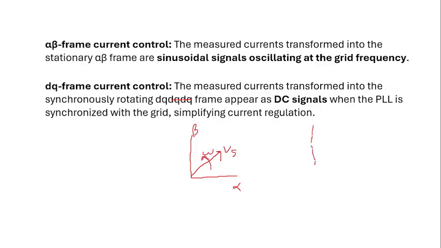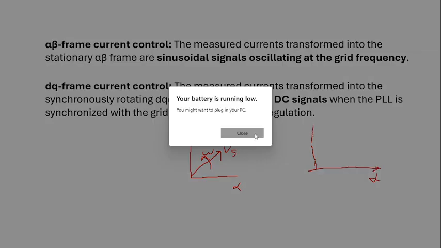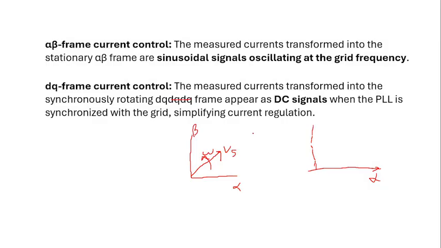If this is the alpha beta frame, and this is the Vs, this is the dq reference frame, this is the q axis and this is the d axis, and this is rotating at angular frequency omega 1, where Vs is rotating at omega and the dq frame is rotating at a frequency of omega 1. Using PLL we have to make omega 1 equal to omega.